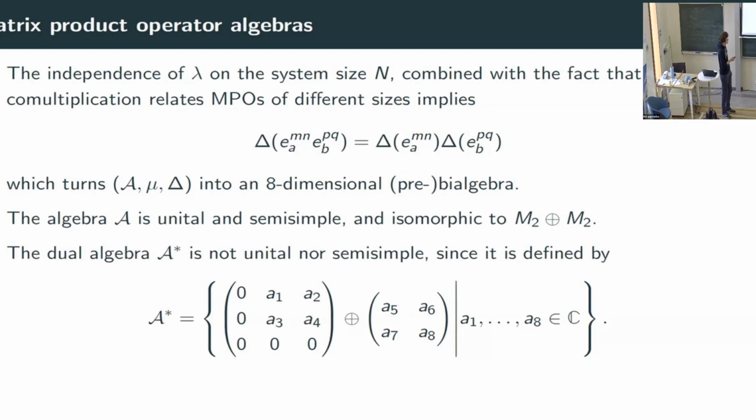So one piece is just two-dimensional matrix algebras, but the other piece is basically sort of this corner of a 3x3 matrix algebra. So in total, this is an 8-dimensional algebra. But you can see clearly that there's no unit in the dual of this algebra, which means that there's no co-unit in the original algebra. And so this is just what you get if you turn the crank that I just described.